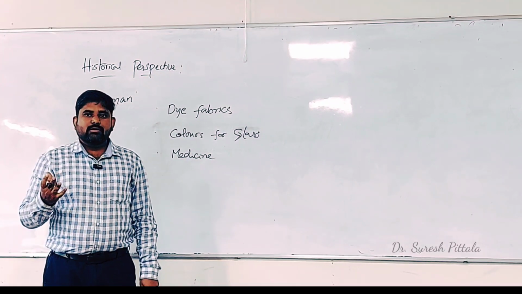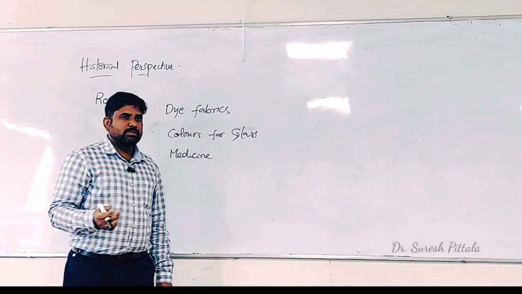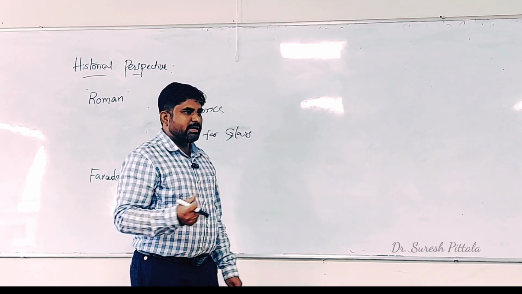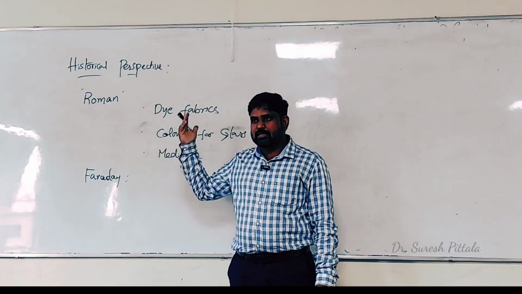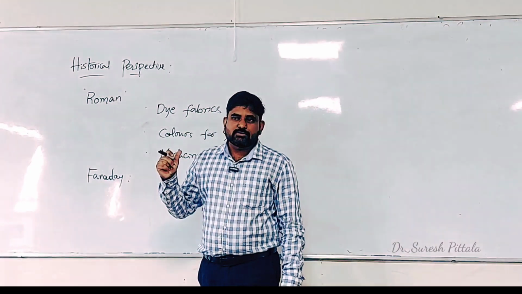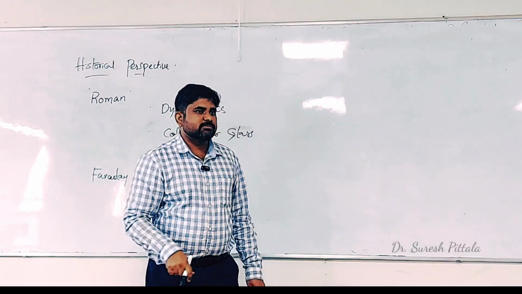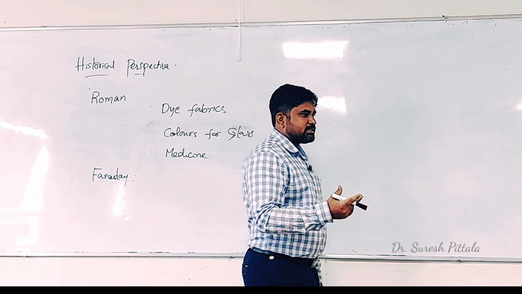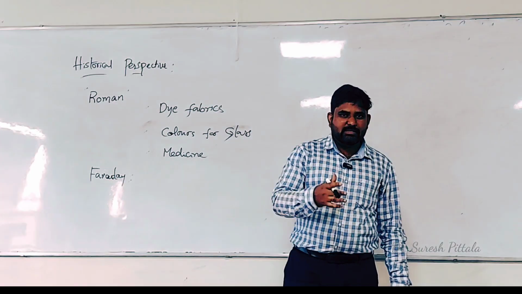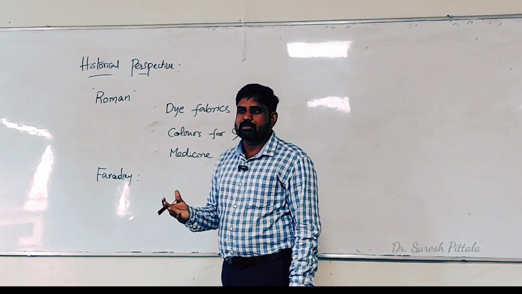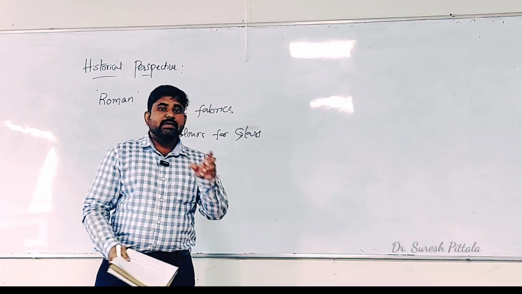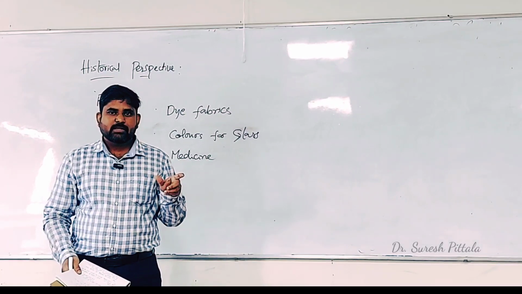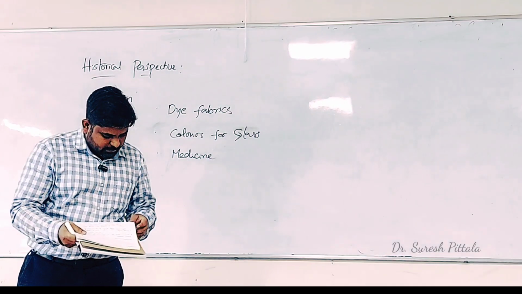So gold in the bulk shines, but when you reduce the size, this was basically an observation made in the year 1857 itself, the gold loses its shininess. It turns out to be different colors. It becomes violet, ruby. So at different length scales, that is the first observation of Michael Faraday.